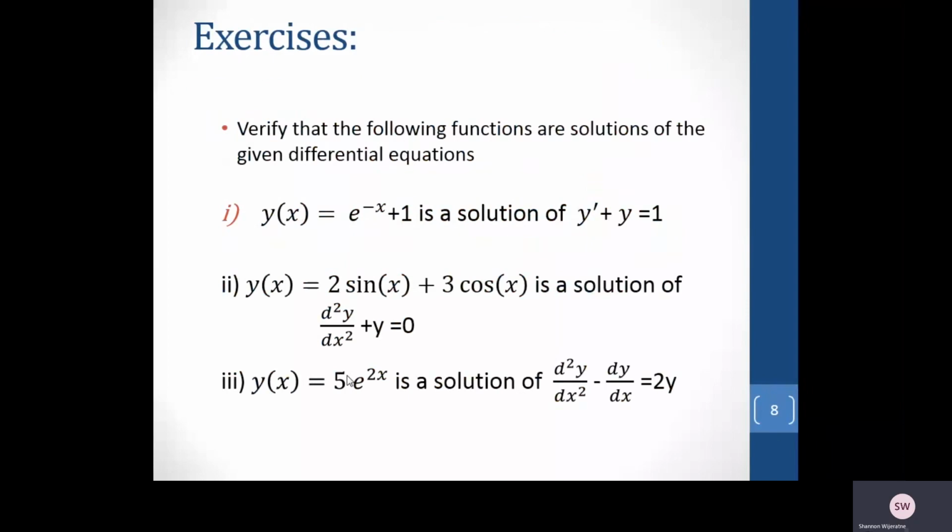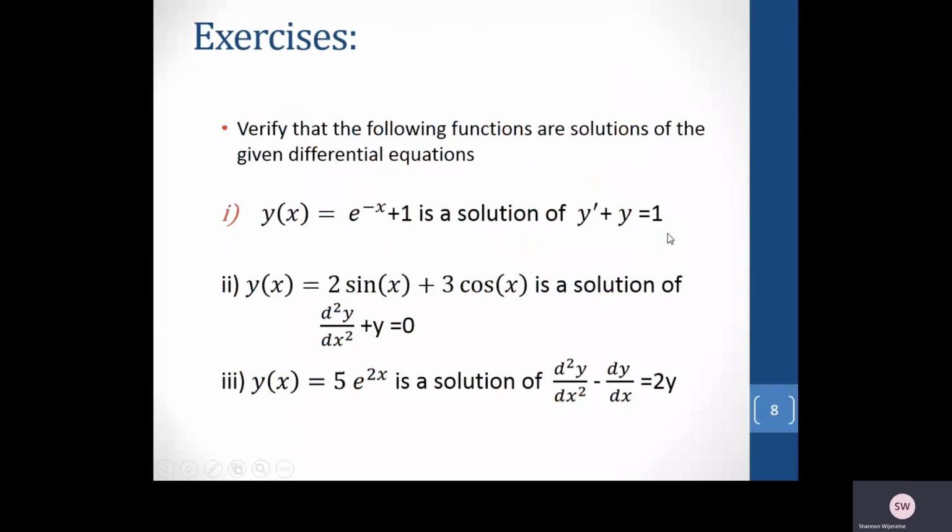So in this exercise, before we find the solution for a differential equation, we should be able to find whether a given function satisfies the given differential equation. So here, y equals e to the minus x plus 1 is the solution of y dash plus y equals 1.